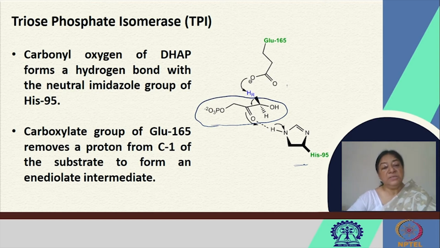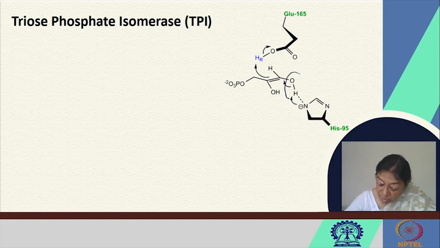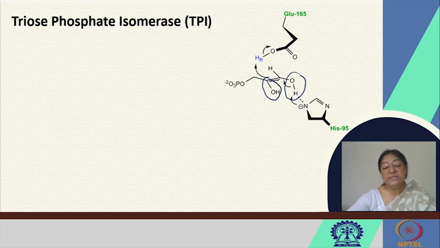The carboxylate group of glutamic acid 165 removes the proton from the substrate that forms what is called an ene-diolate intermediate. Here we have an OH group, here we have another OH group, that is the diol, and the double bond that we see there is the ene.